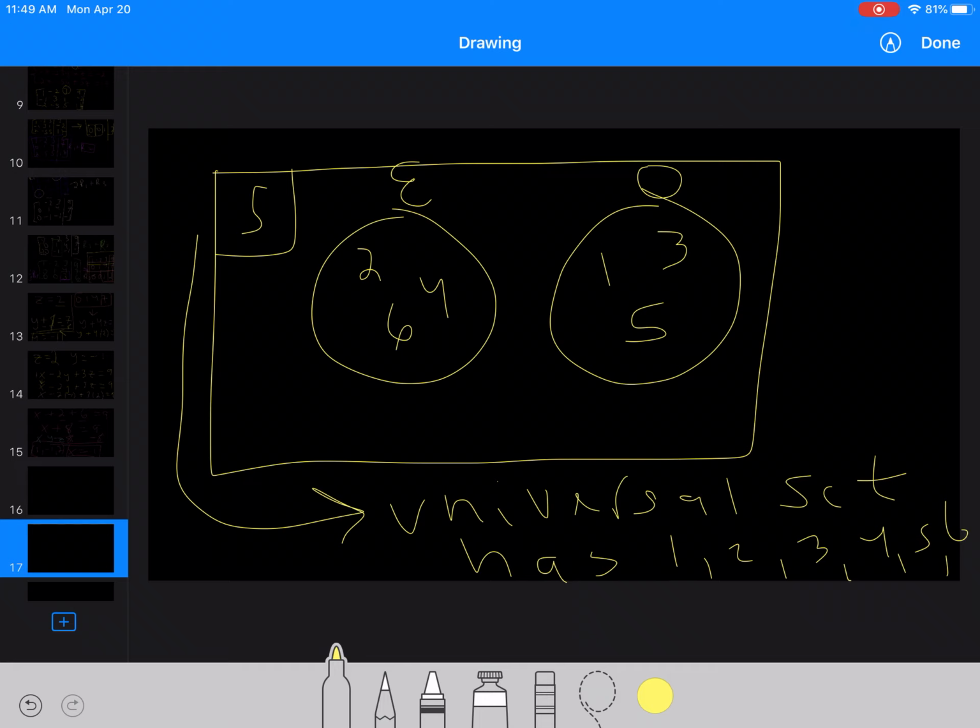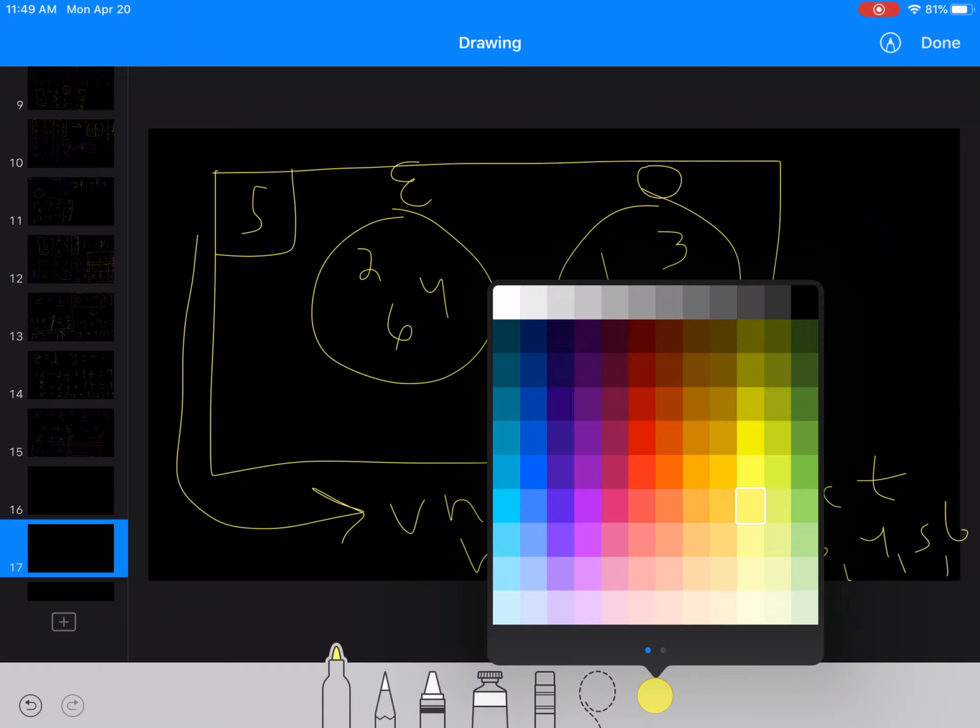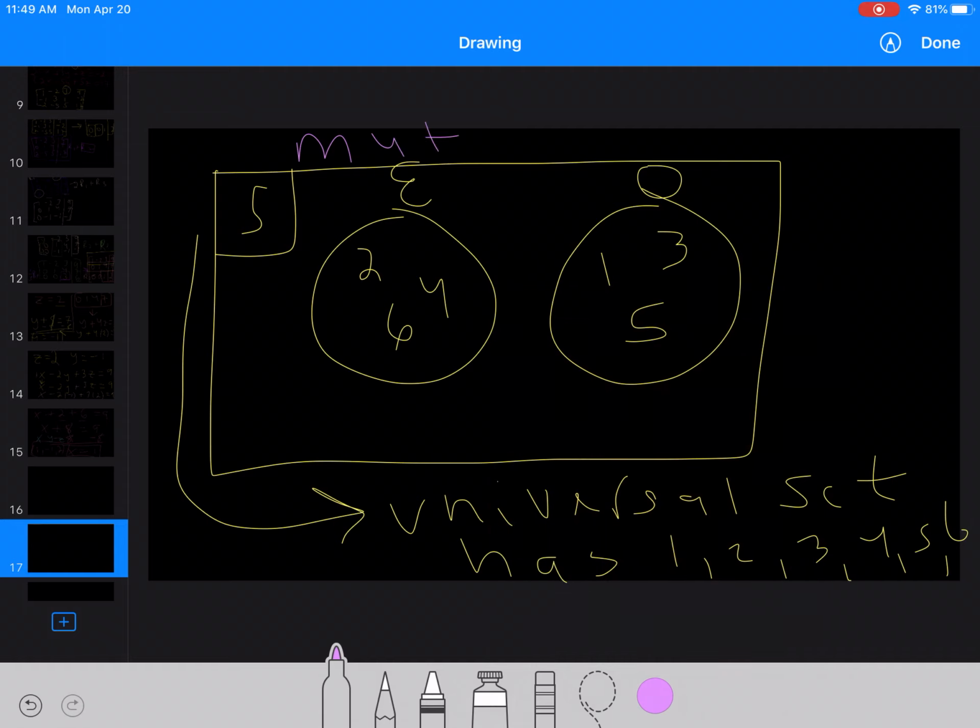So these two are mutually exclusive because, let's write that down. These are mutually exclusive events, because you cannot be even and odd at the same time. You can only be one or the other, this or that. So think mutually exclusive is this or that.